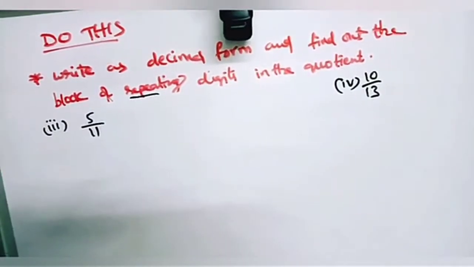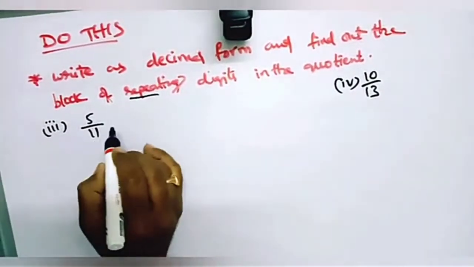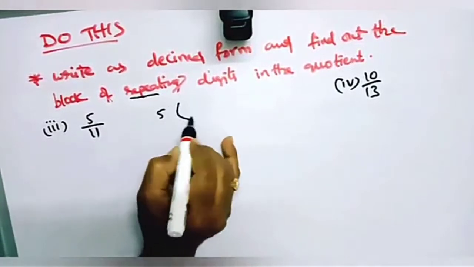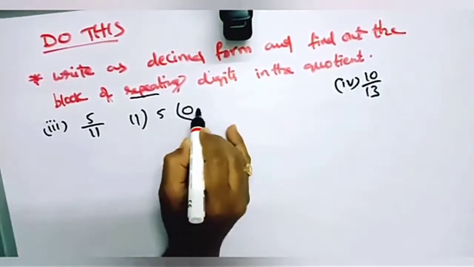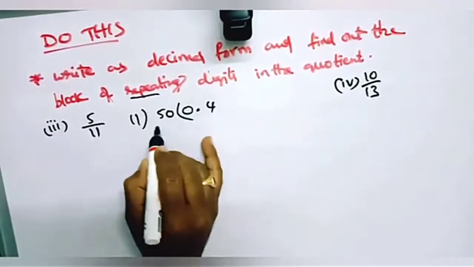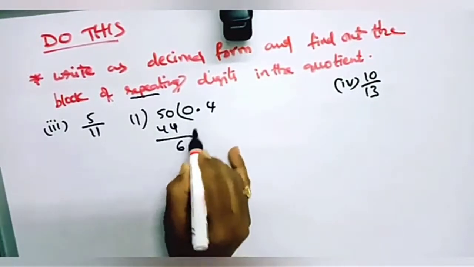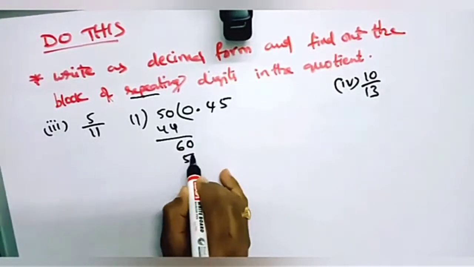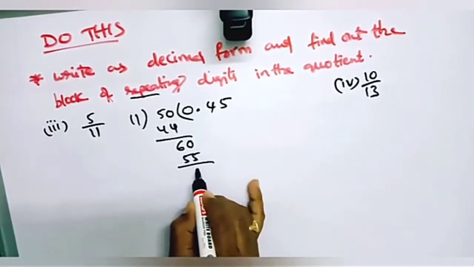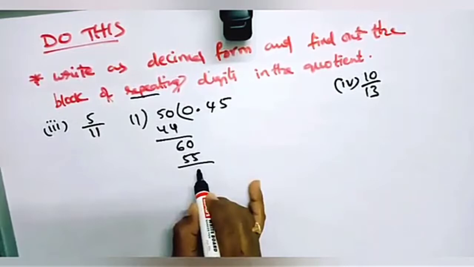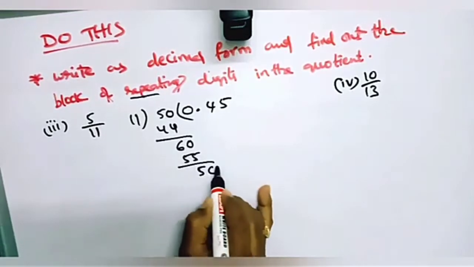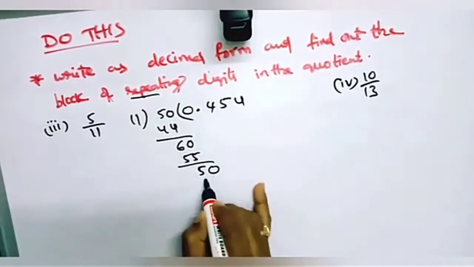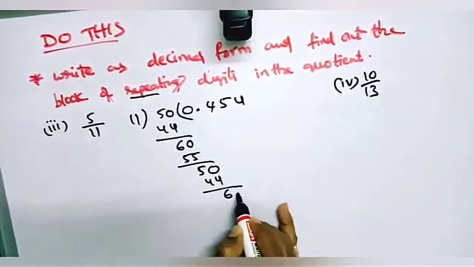Next one is 5 by 11. Dividing 5 by 11, you won't get it in the table, so 0 point you should take. So 11 times 4 is 44, the remainder will become 6, then 0. Then 11 times 5 is 55, then 5, then 0. Again 11 times 4 is 44, then 6 and 0.